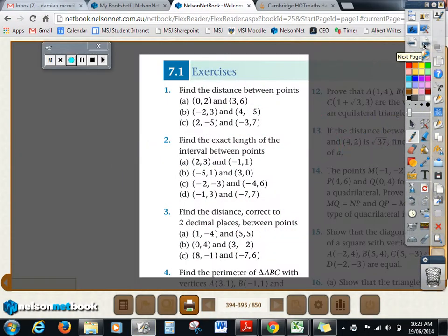The only difference between question 1 and 2 is that question 2 asks for the exact length. So please leave it in the square root form. Okay. Question number 3 is saying to 2 decimal places. So once again, the first 3 questions are simply finding the distance using the distance formula and just applying it.